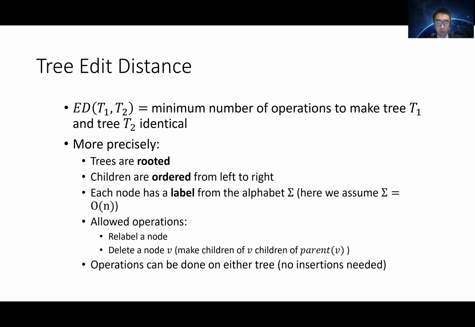In this paper, we assume that the alphabet can be of the same size as the input tree, or n. In each operation, we can relabel a node, or delete a node v, and make the children of v the children of its parent. Operations can be done on either tree, and as we shall see, this makes sure that no insertions are needed.